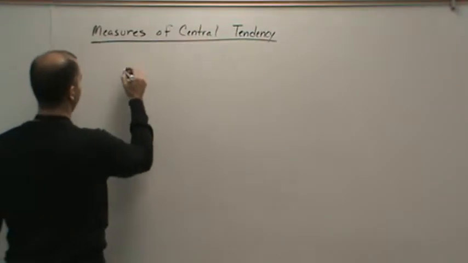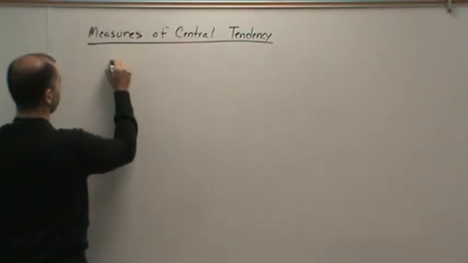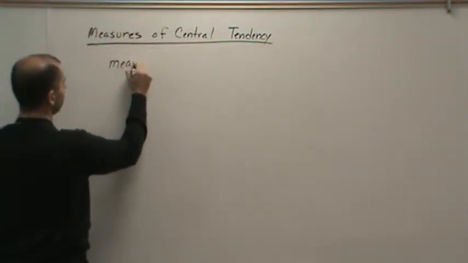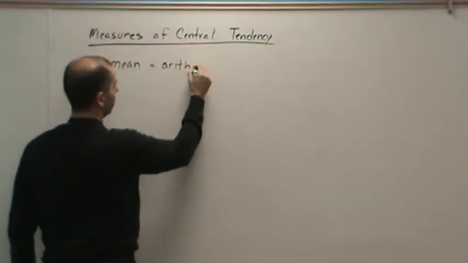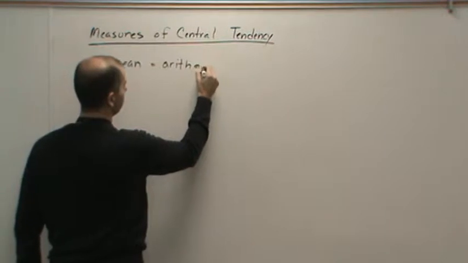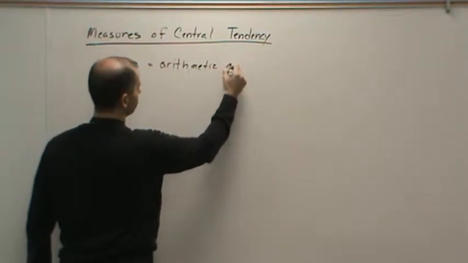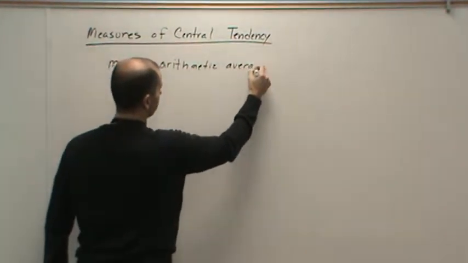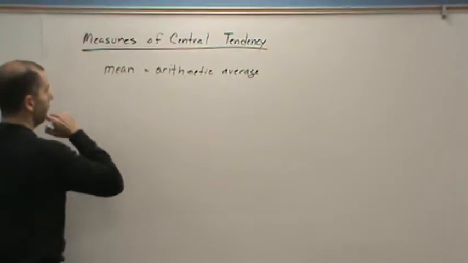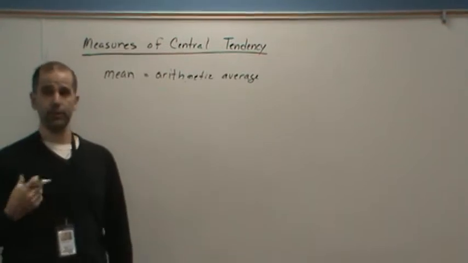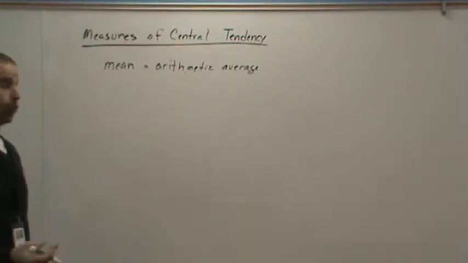So the mean, or what we call the arithmetic average, or just average for short, is a very simple calculation. You're going to want to know this formula.